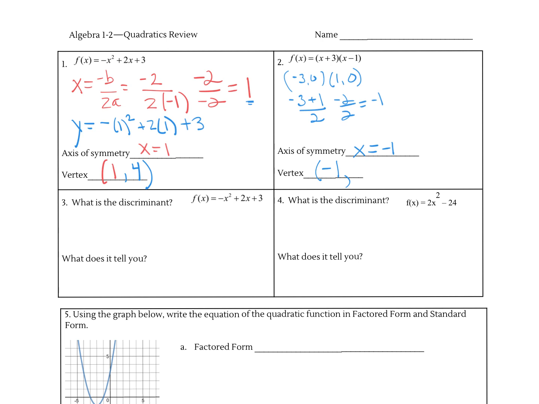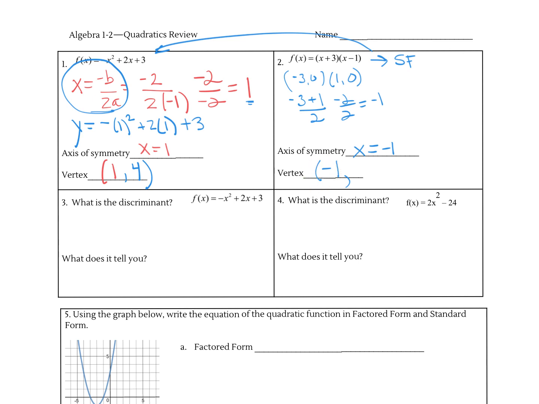The alternative to doing that is that you could multiply this and put this into standard form, and then it would be a problem like the one over here, where you would identify the a and the b and do the opposite of b over 2a to find the x-coordinate of the vertex. That step would give us the same thing: x is equal to -1 for the axis of symmetry, and the x-coordinate of the vertex is -1.